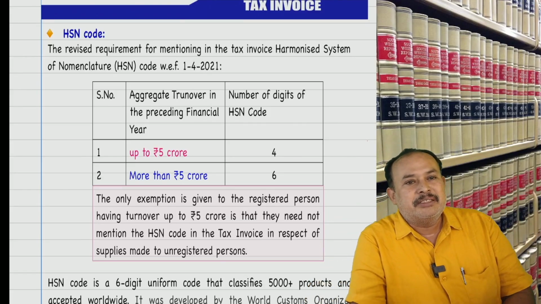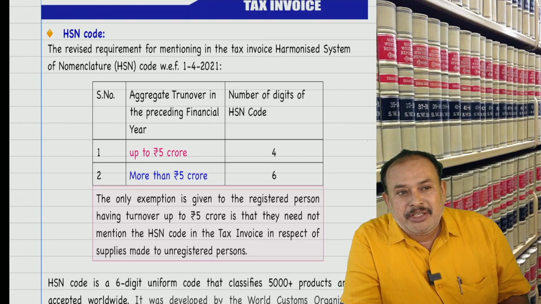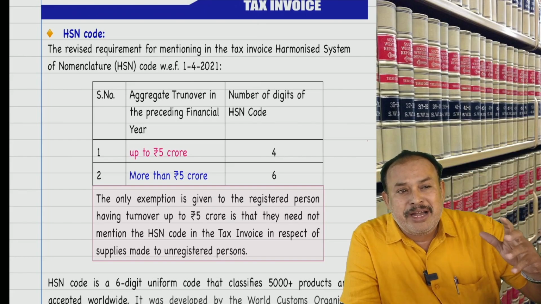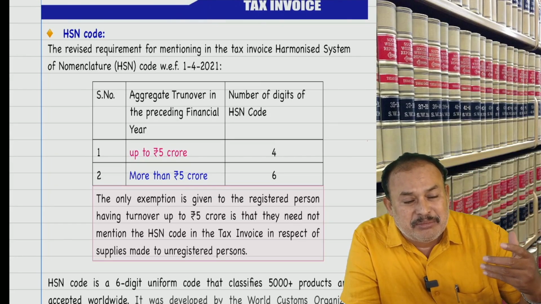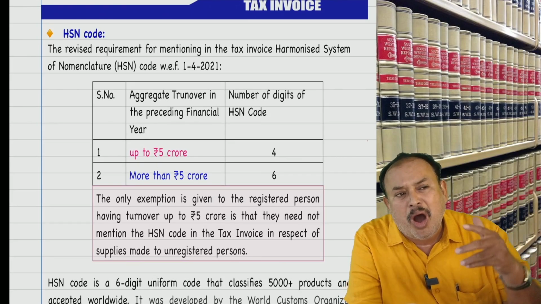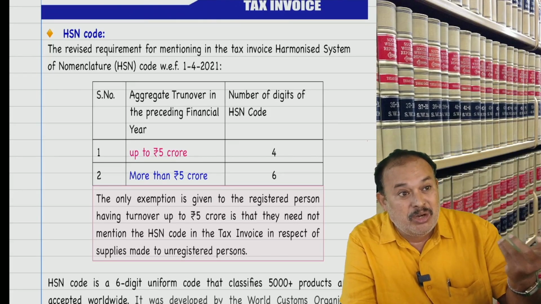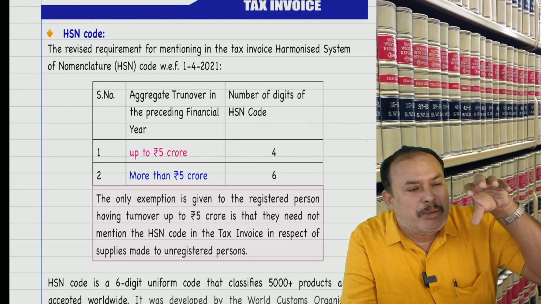Hey mister, listen to me. In the given case, harmonization means equality. Equality among what? Among the member countries of WTO, the World Trade Organization, where India is also a member country.